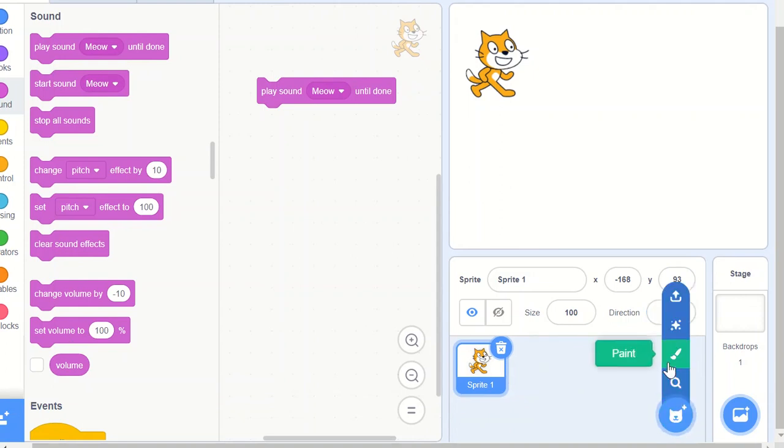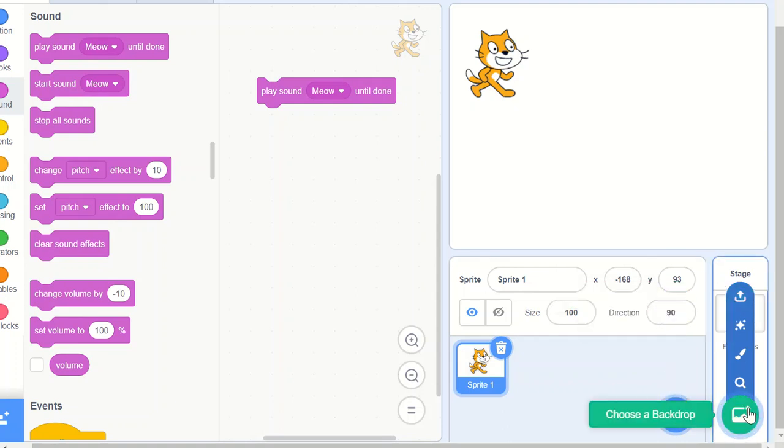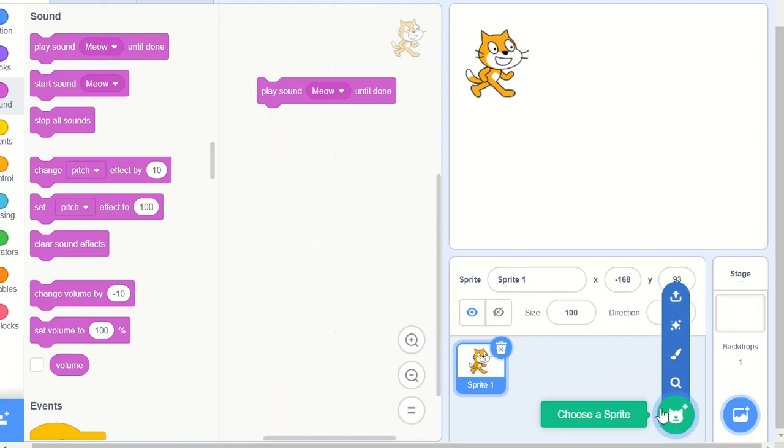Here are the different ways through which we can have sprites on the stage. Similarly, we can change the backdrop or background also, and the ways are similar to the ones we used for the sprite.